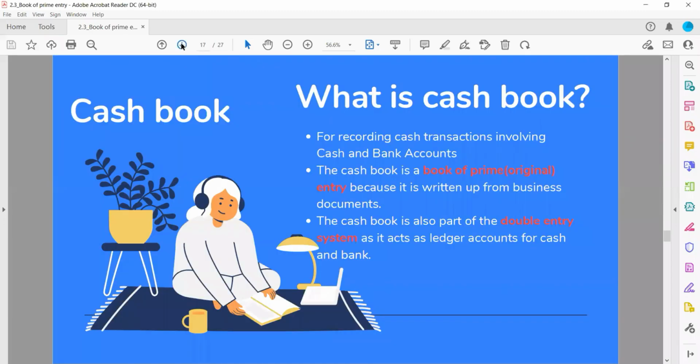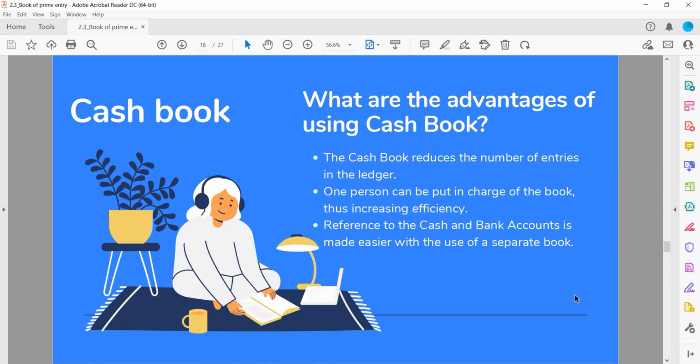Okay, cash book. What is a cash book? Cash book is for us to record cash transactions involving cash and the bank. Cash book is a book of prime entry because it's written up from the business document. The cash book is also part of the double entry system as it acts as a ledger account for the cash and the bank. So how to prepare it and what are the advantages of it? What are the advantages of using the cash book?